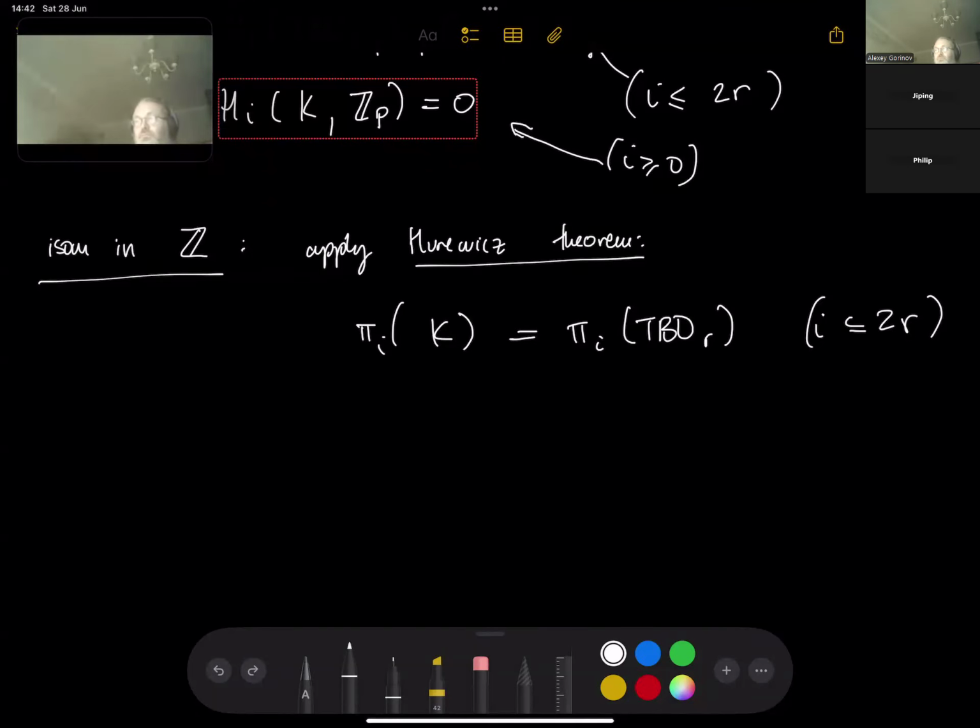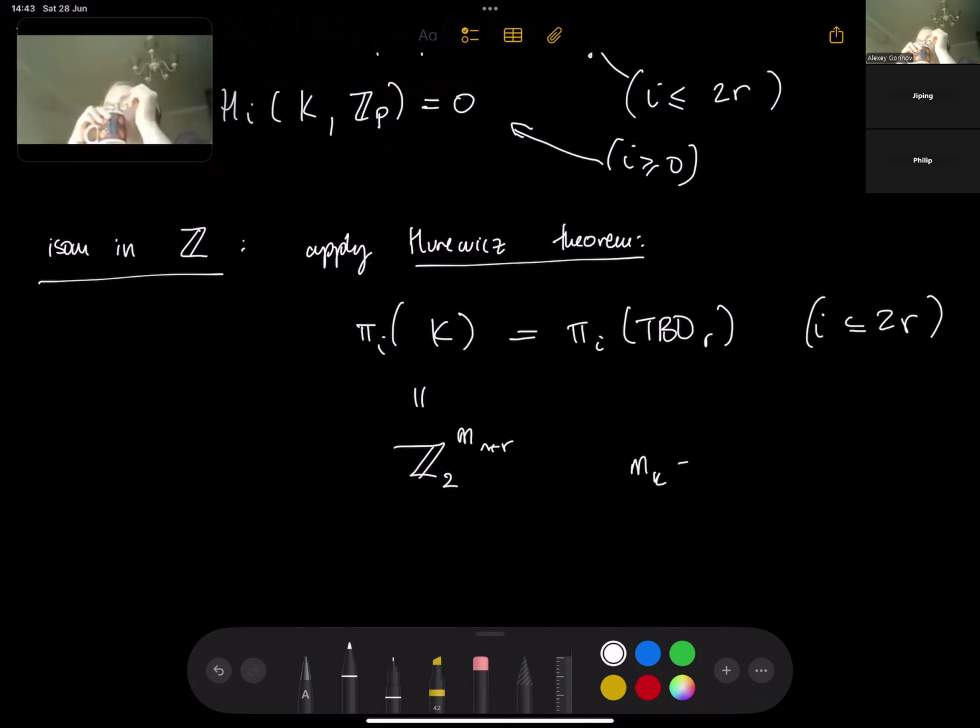And the homotopy groups of K are known. It's just the number of times n_i is equal to k. So this is Z_2 to the m_{n+r}, where the integer m_k is a count of the number of n_i equal to k.